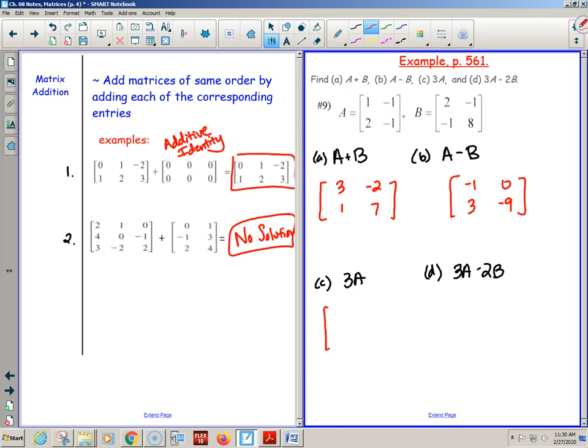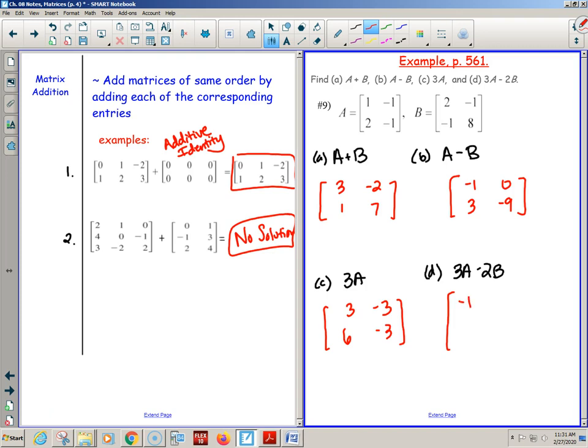So far, so good? Are we good? No, wait, I haven't done the class one. Nice thing is, we already have triple A. We just need to think about double B. Oh, I get it. Triple A. Nicely done. 3 minus 2 times 2, 3 minus 4 is negative 1.